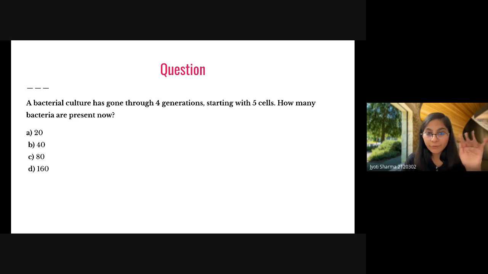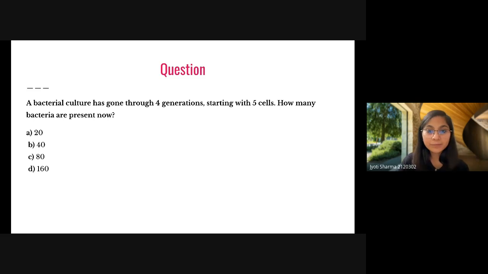We started from 5 cells, and after the fourth generation, how many bacteria will we have? 5 to 10, 10 to 20, 20 to 40, 40 to 80.